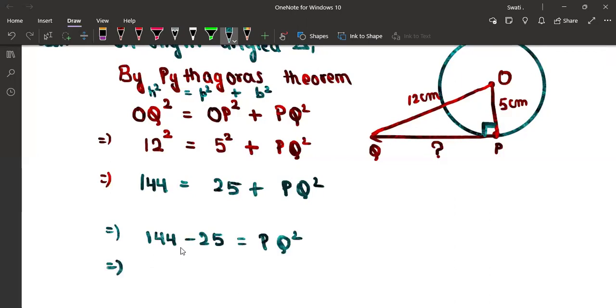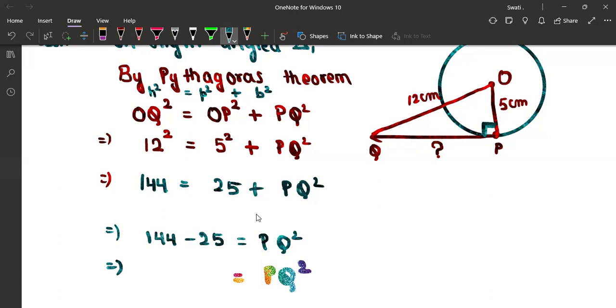What is 144 minus 25? You can solve this and tell me the answer. PQ square will become. You're having no difficulty, right, Manya?